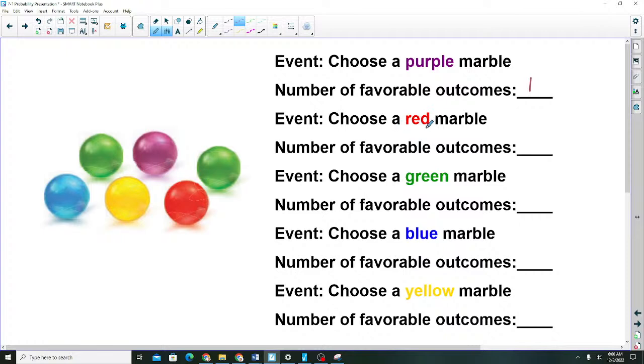Choose a red marble. The number of favorable outcomes is 1, because there's one red marble. Choose a green marble. The number of favorable outcomes is 2, because there's 2 green marbles. Choose a blue marble. The number of favorable outcomes is 1, because there's one blue marble. Choose a yellow marble. The number of favorable outcomes is, again, 1, because there's one yellow marble.